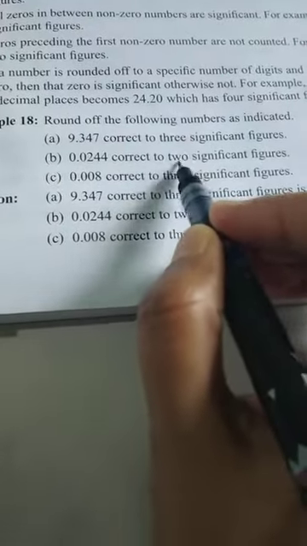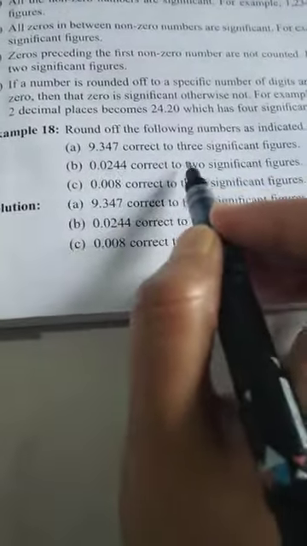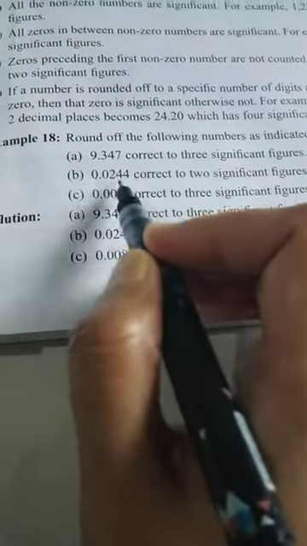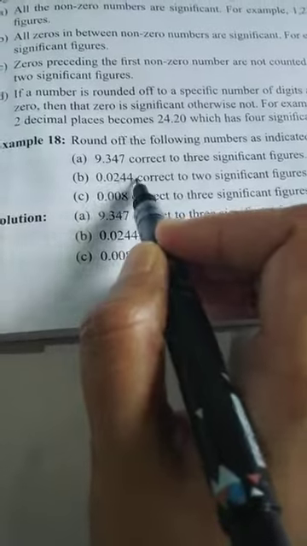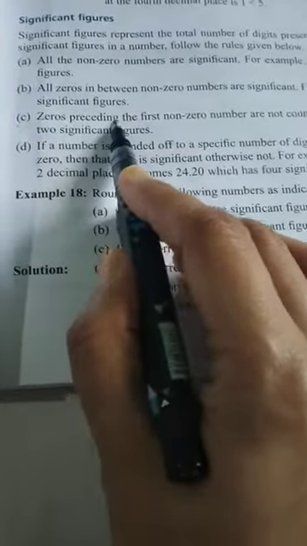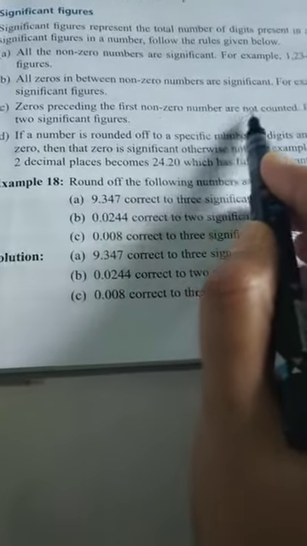0.0244 correct to 2 significant figures. First of all, how many significant figures are there? 1, 2, 3, because these 2 zeros, as the third rule says, zeros preceding the first non-zero number are not counted.